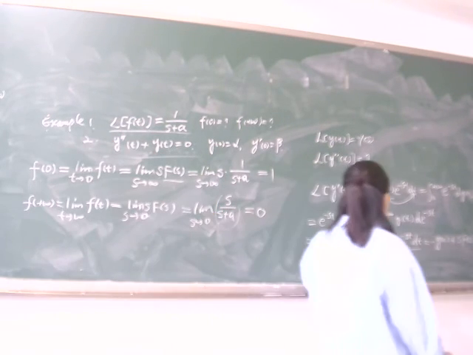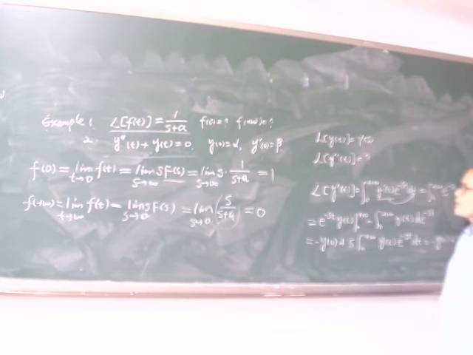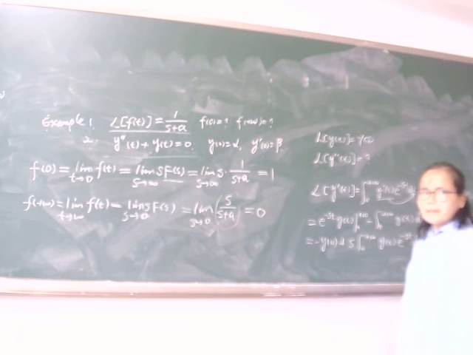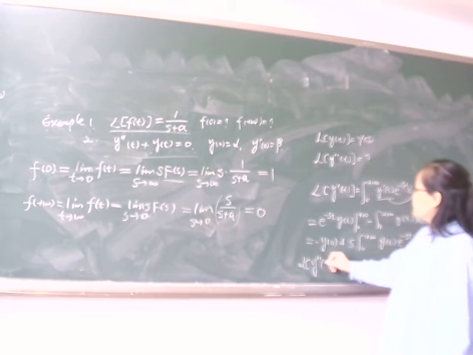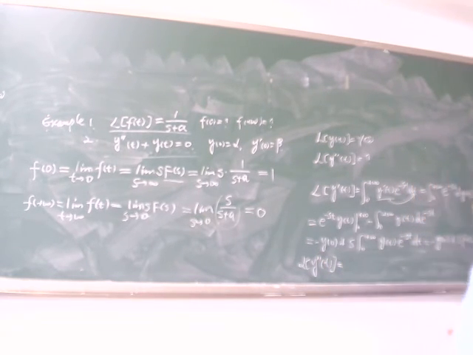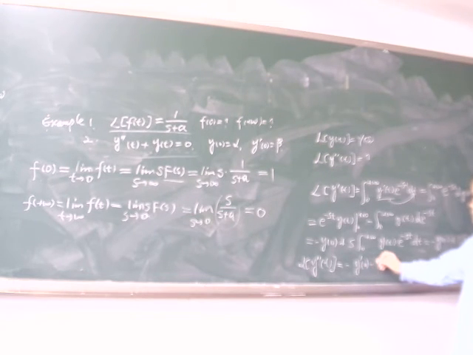Secondly, we can get the second-order derivative's Laplace transform. Now the Laplace transform of y''(t) equals minus y'(0) minus s y(0) plus s squared F(s).